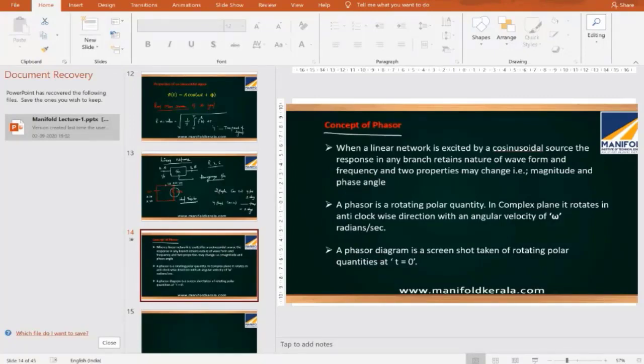Are you writing notes? Anyhow, I'll be sharing this PPT in PDF format. Main points, I always suggest you to note down. You can keep some gap and you can fill in the points in the PPT. The PPT which I am explaining, I'll share it with you in PDF format.